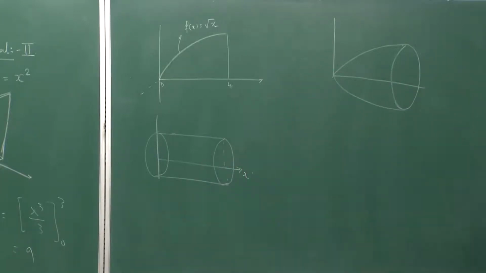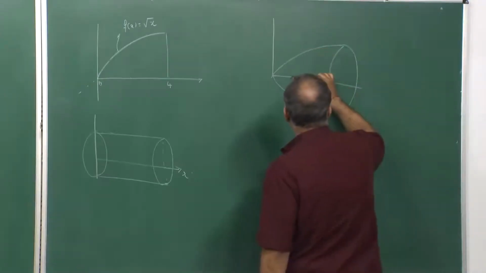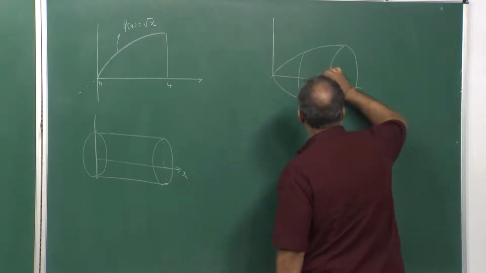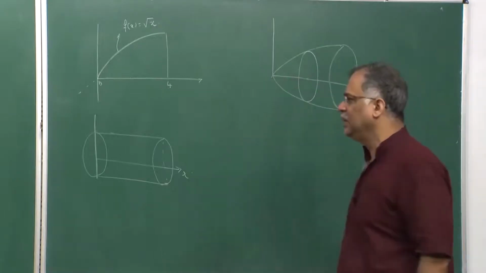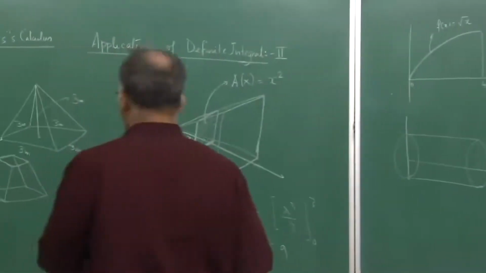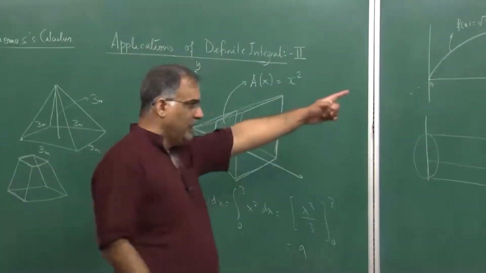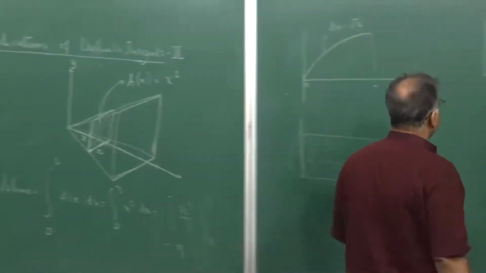So, how do you find its volume? Once you have rotated around the x axis, your whole thing goes in a circular motion. So, if you now cut the slices, if you have a slice here at x, how do you find the area? Because now it has become a circular slice. It is no longer a square slice that you see here, it has become a circular slice. So, once it has become a circular slice, what are you going to do?